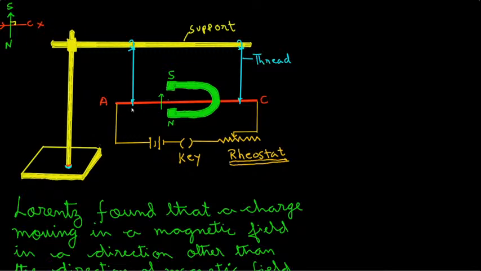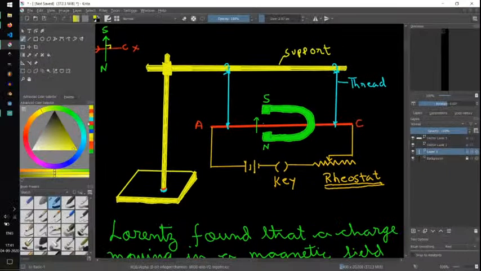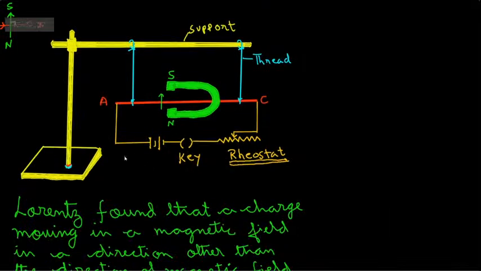Next, I connect a connecting wire with a battery, a key which is open at present, and a rheostat. So I'm ready. Now if the wire moves, it can drag these things. The arrangement is such that it can drag them away. These wires are loose and nothing is stopping them. And then on a stand I mount a magnet.